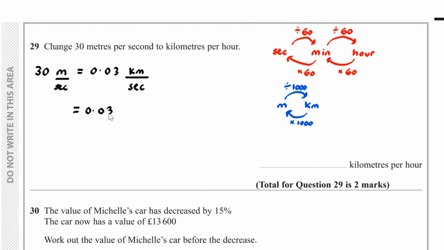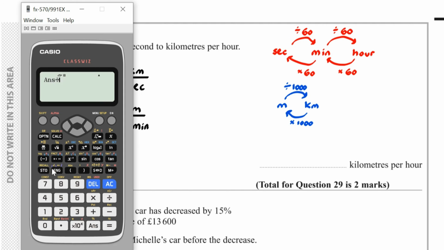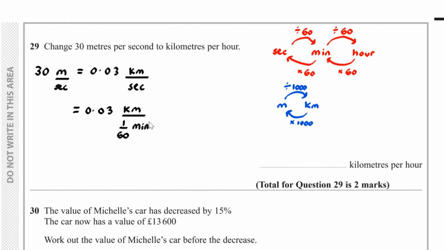So I've got 0.03 kilometers over 1/60 minutes. So if I do 0.03 divided by 1/60, this would convert it into kilometers per minute.